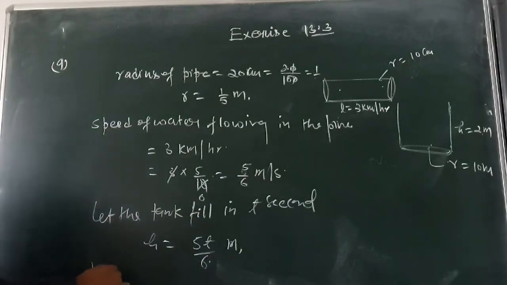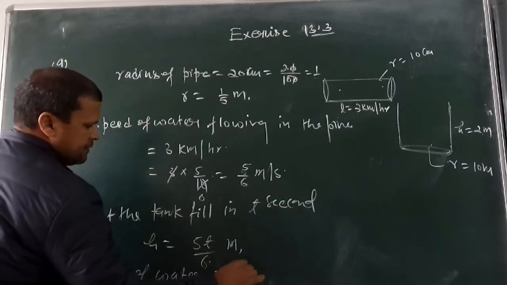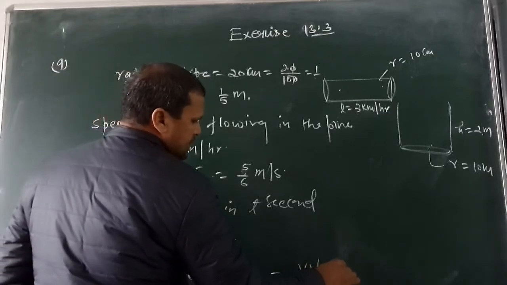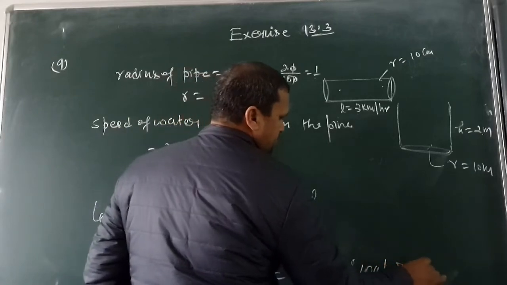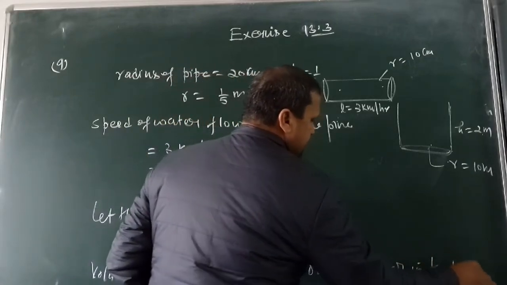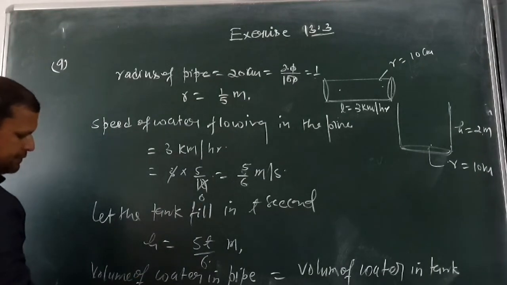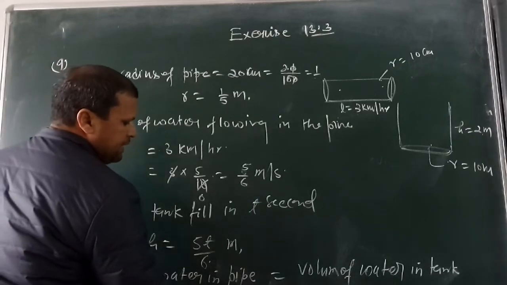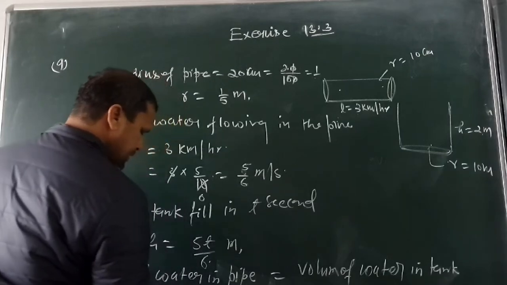Volume of water in pipe equal to volume of water in tank. This is pi R1 square H1 equal to pi R2 square H2.